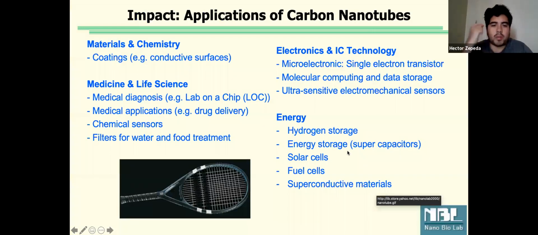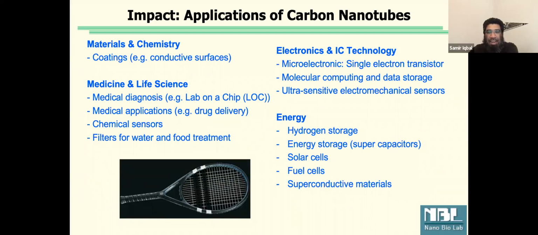So with that size and those properties, what are the carbon nanotubes used for? This is a picture. They are already using them to strengthen the strings of your rackets, the material of the racket itself. If you play any game which uses a racket, you would know those rackets have become super light now. They used to be heavy.